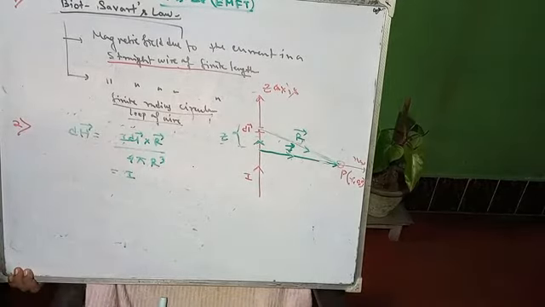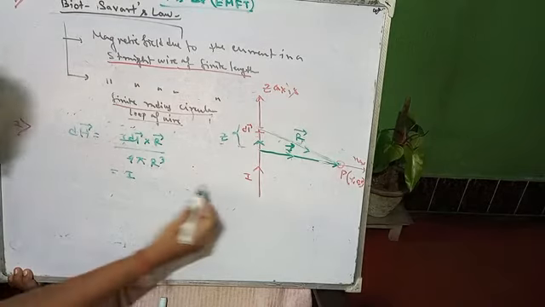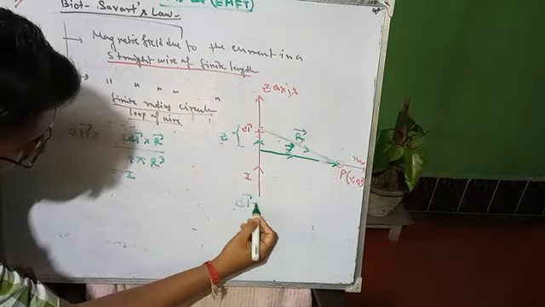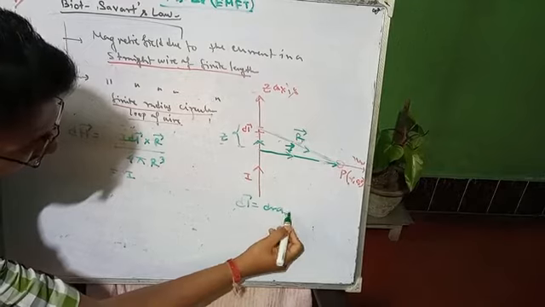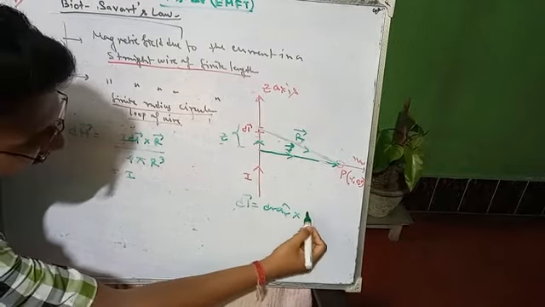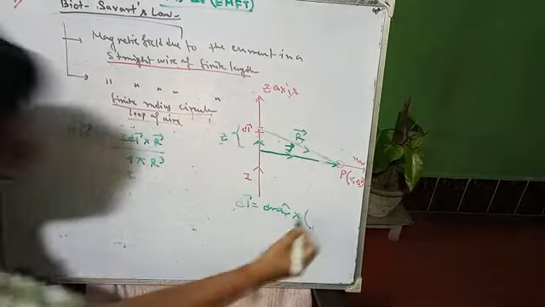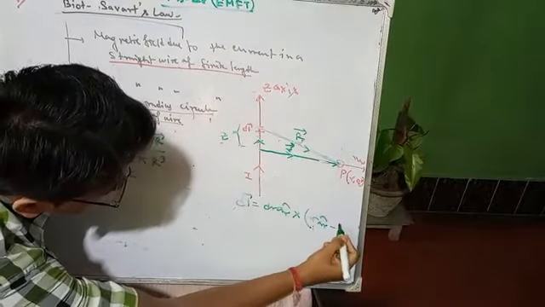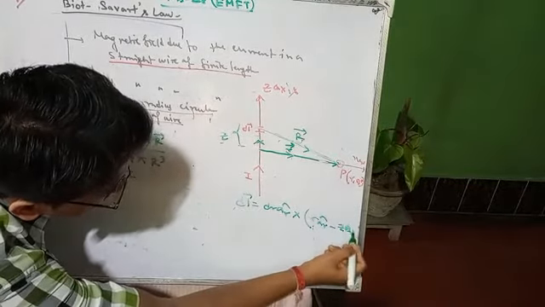So what is the value of dl vector cross R vector? dl means dz az cap, cross R vector, which is r ar cap minus z az cap.